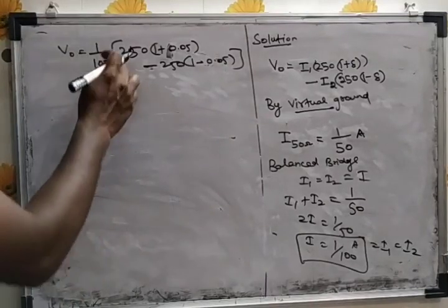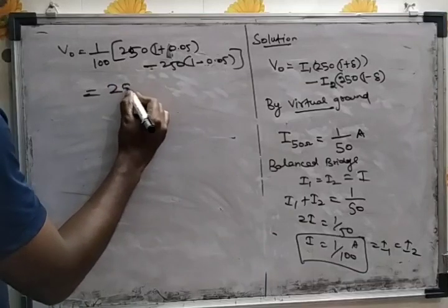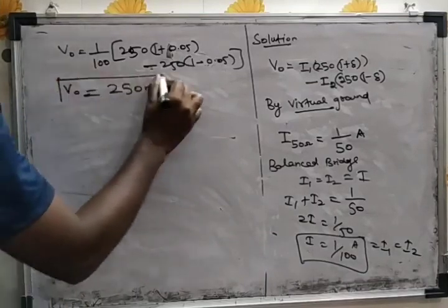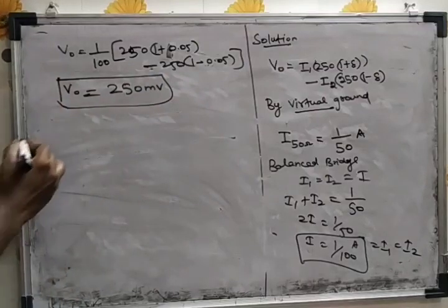Simplifying, you will get 250 millivolt. So V0 is equal to 250 millivolt. So next question.